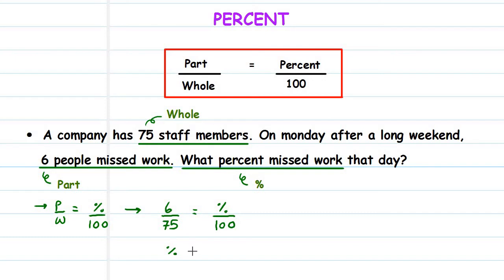So percent is going to be equal to 100 times 6 over 75. We can simplify this. This is going to give us 4, and this is going to give us 3. So 6 times 4 divided by 3, that's going to give us 8. And that is the answer.